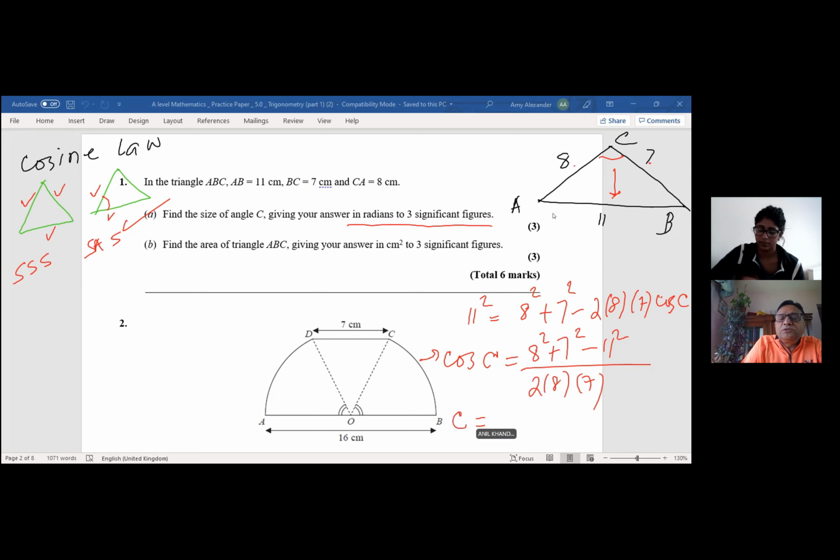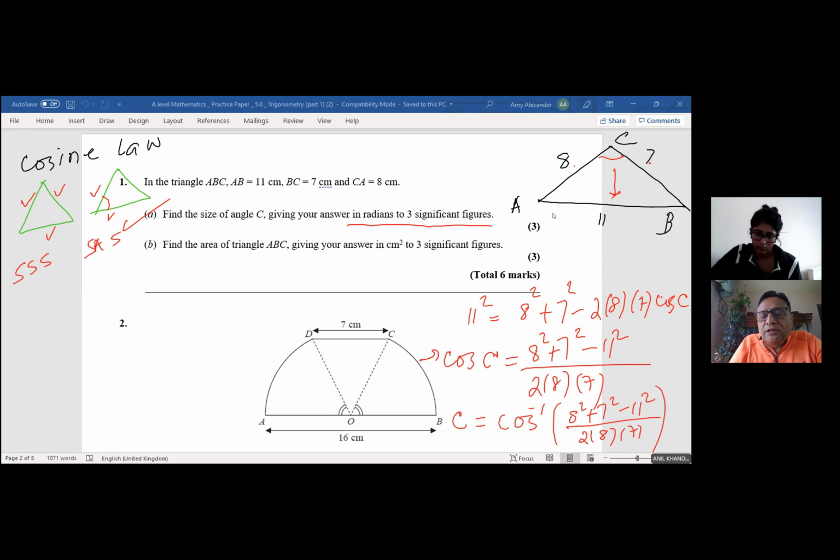So C equals cos inverse of 8 squared plus 7 squared minus 11 squared over 2 times 8 times 7, right? So you can do this calculation and write down your answer. That's not difficult. Just take a calculator and plug it in, put it in radians, and tell me what answer you got.